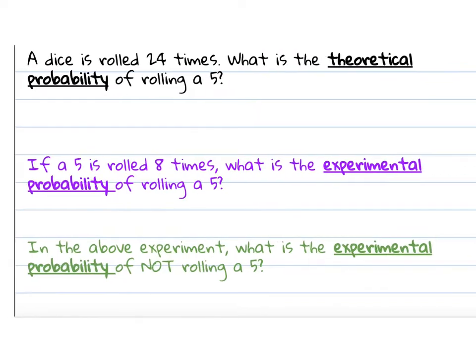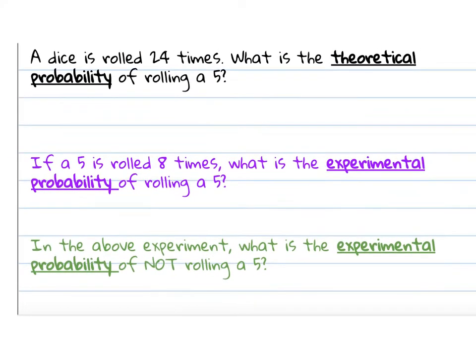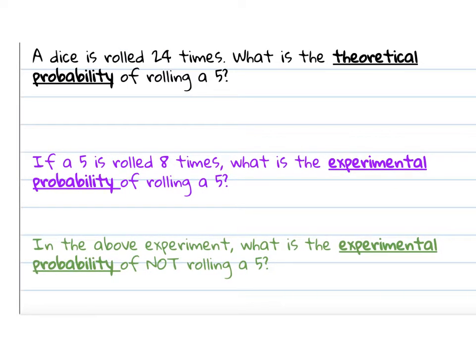If a dice is rolled 24 times, what is the theoretical probability of rolling a 5? So we know that if we roll a dice 1 time, the probability of getting a 5 is 1/6.